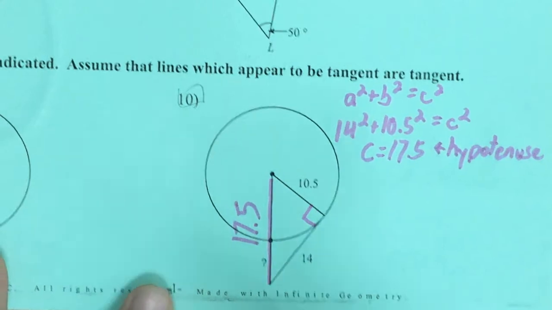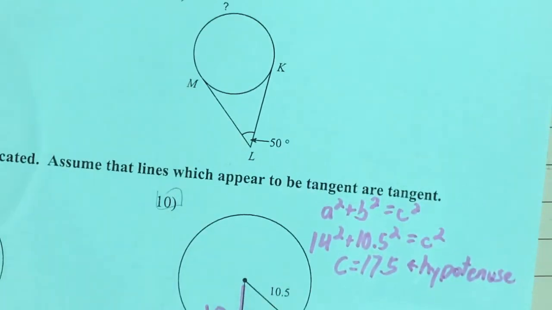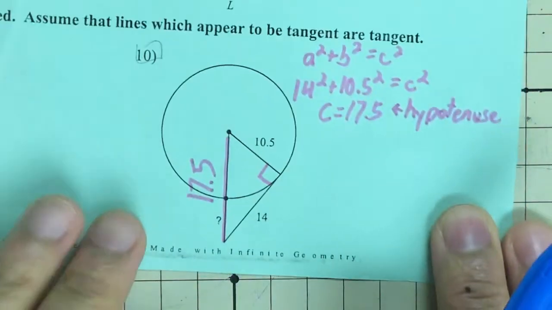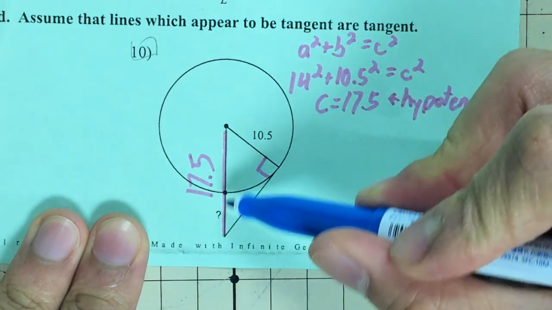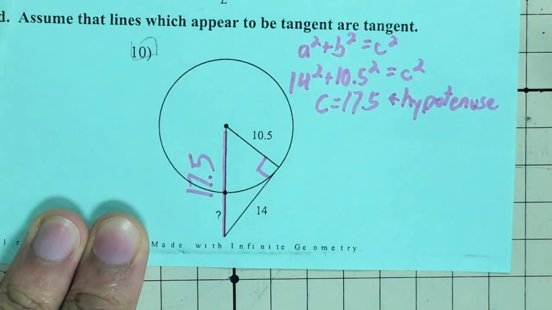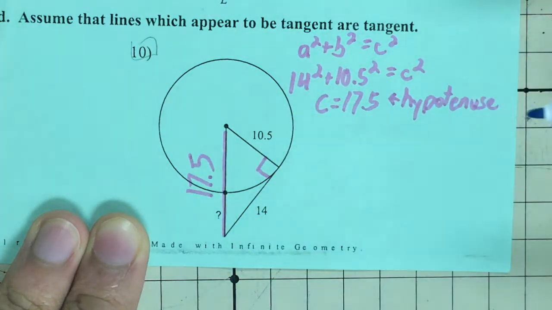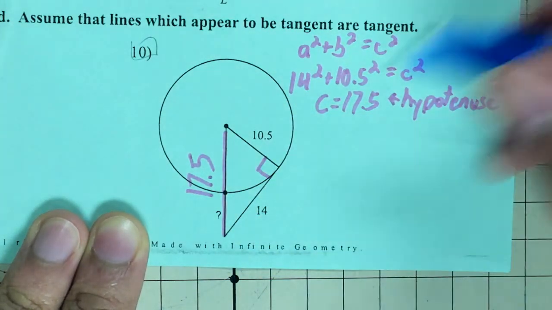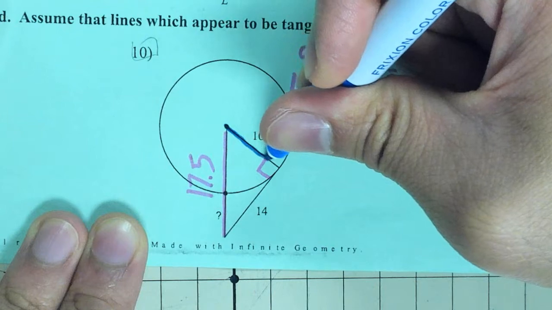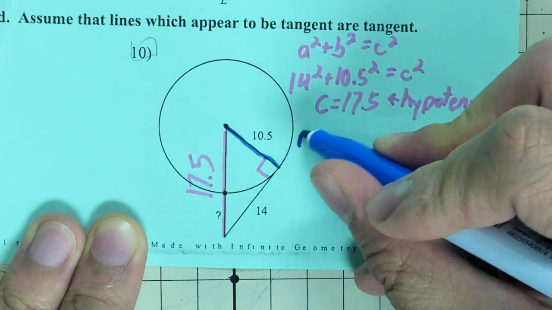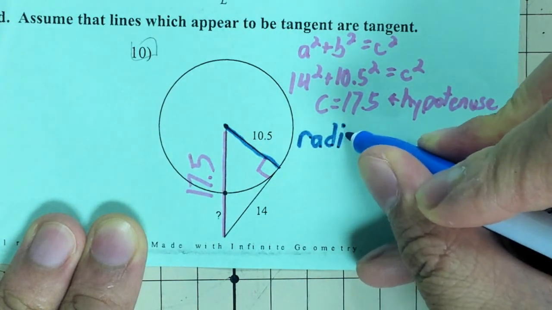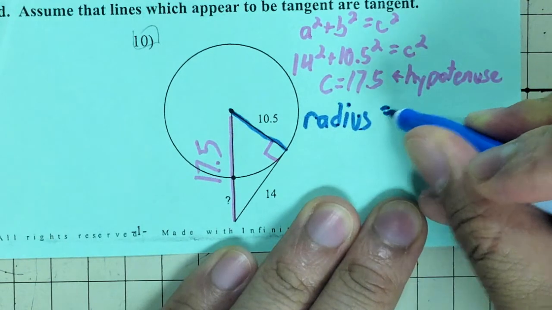But I want to find just the question mark part. Just this bottom part right here. How can we do that? Because all I know is the entire segment, 17.5. But take a look at this. That line's a radius, which is 10.5.